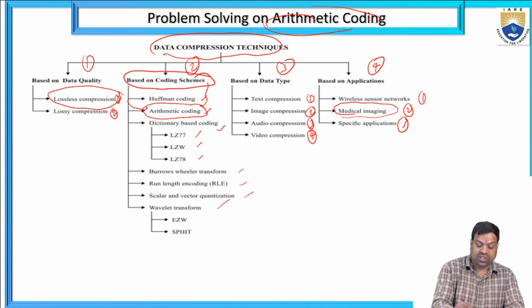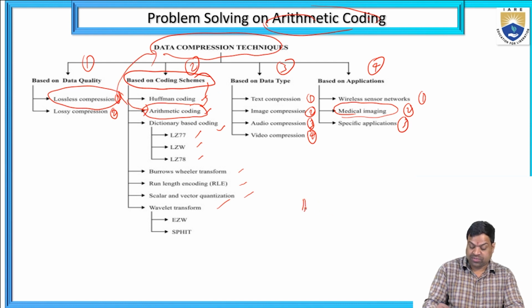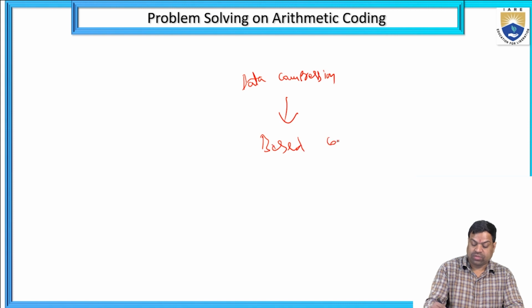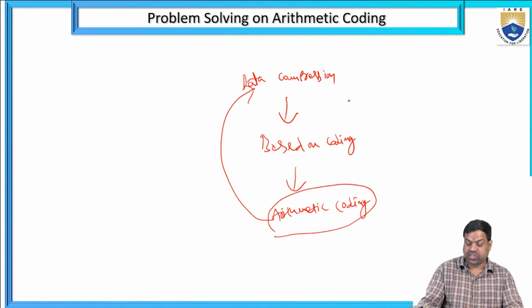This is under data compression, based on coding, we are using arithmetic coding. So why are we using arithmetic coding? For data compression. Okay.